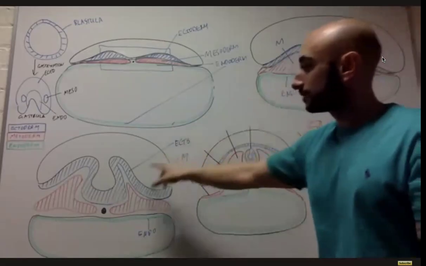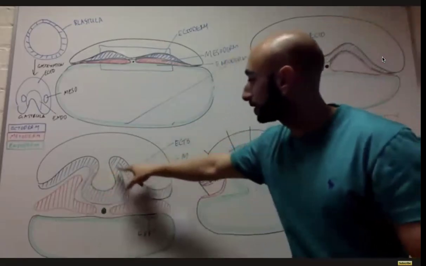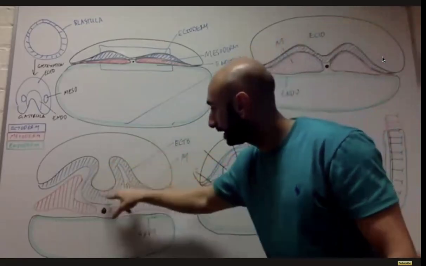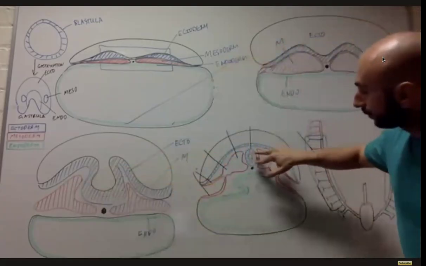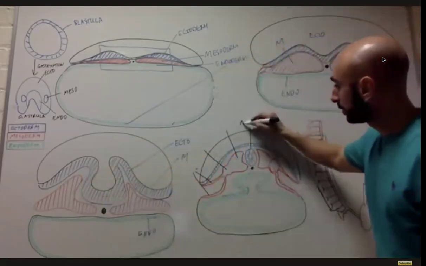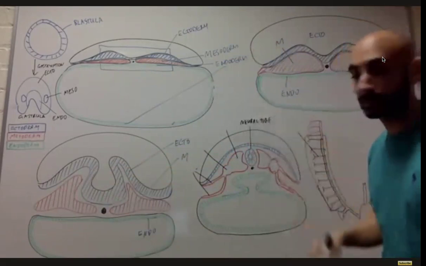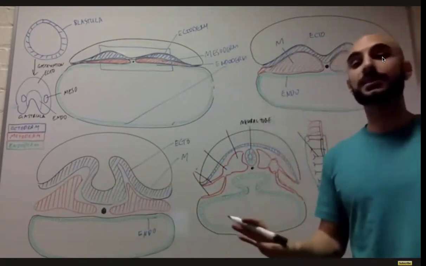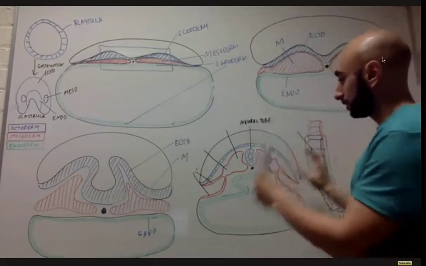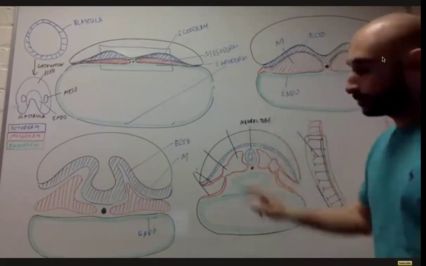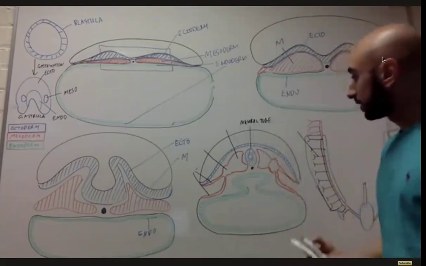So as it matures, the ectoderm pinches and forms this neural tube, which I will label but not talk much about because it has nothing to do with kidneys. We're just going to stick to kidneys, okay? So in red, we are left with the mesoderm.